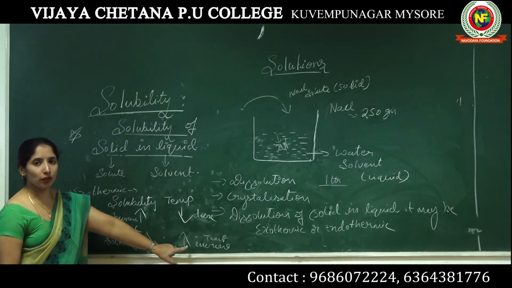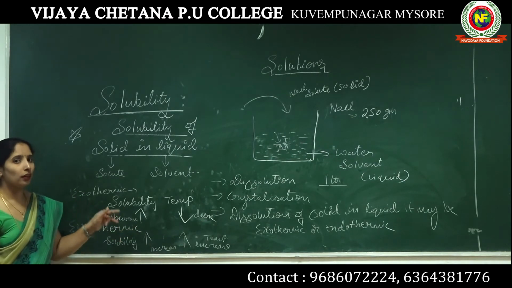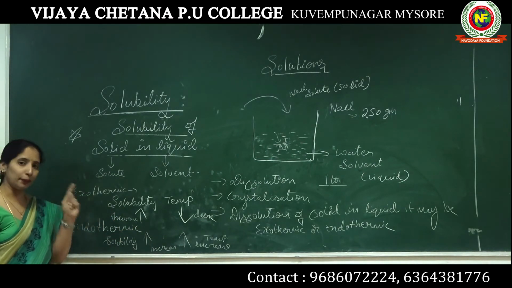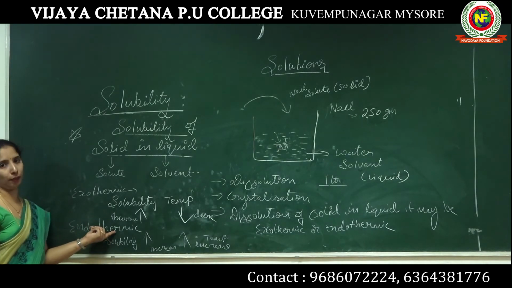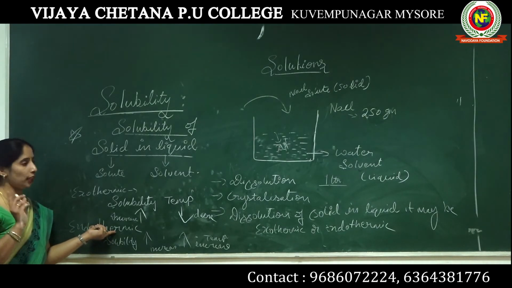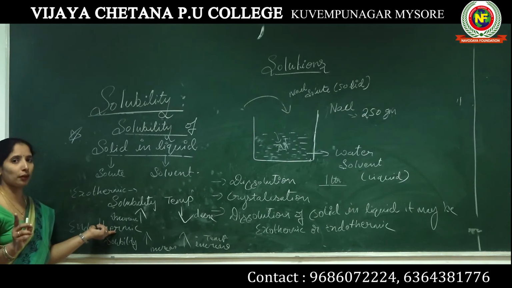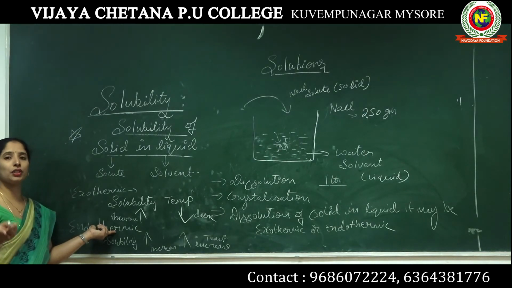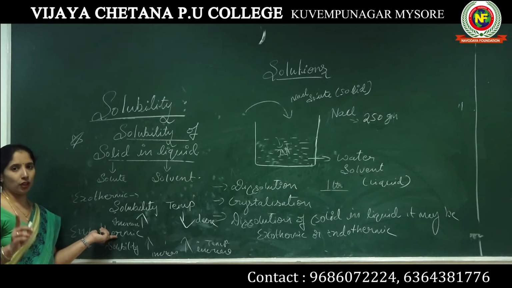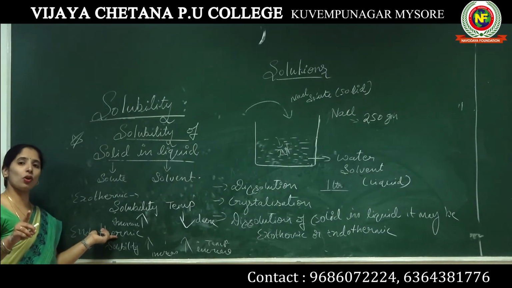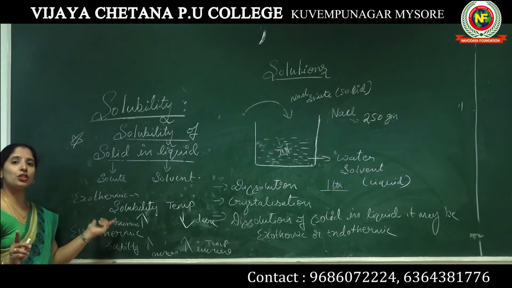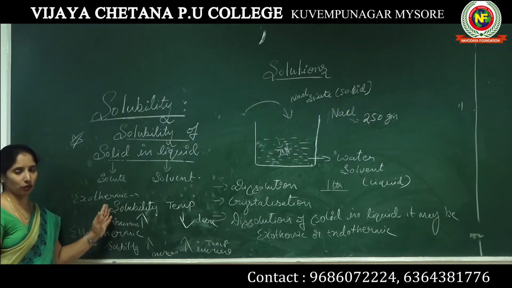How do we increase it? We have to increase the temperature to increase the solubility in endothermic dissolution. When the dissolution of a solid in a liquid is exothermic, you have to decrease the temperature to increase the solubility.